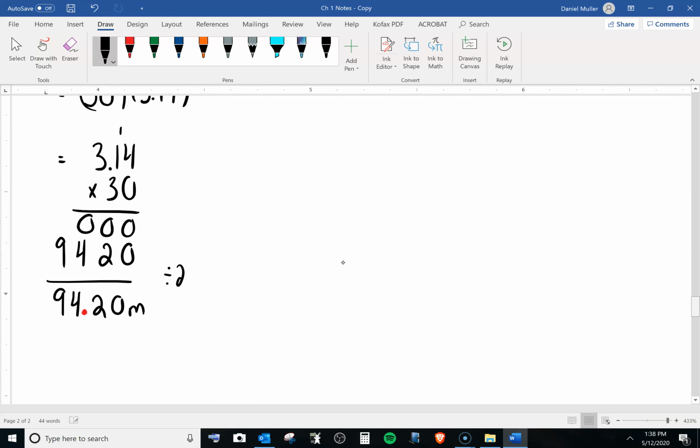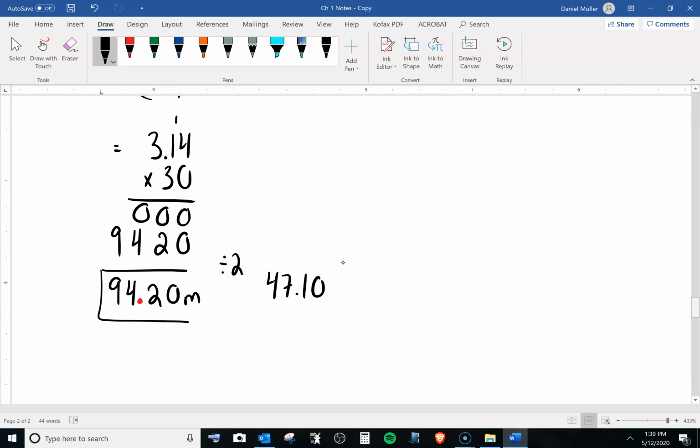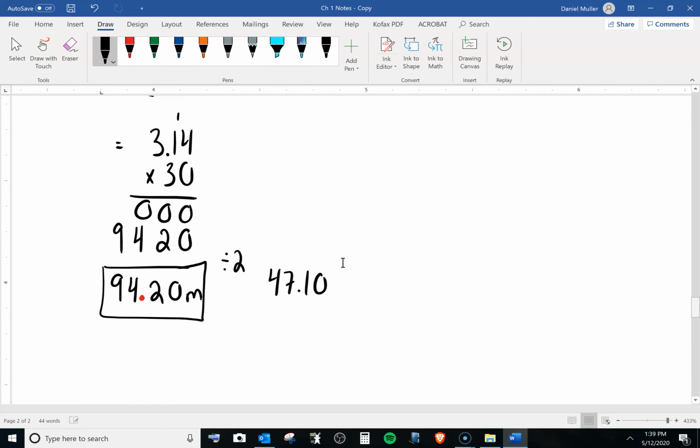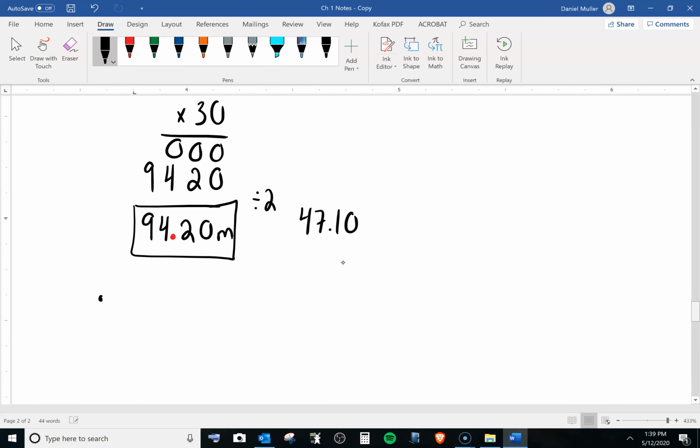So divided by 2 is the 47.10. So we have the 94.20, but then we have the 50 and the 50. So therefore, our perimeter is the 94.20, the two 47.10s, the two semicircles, plus the 50, plus the other 50.